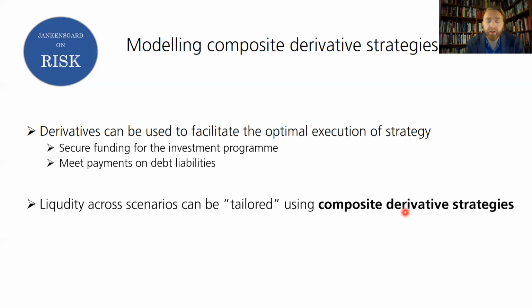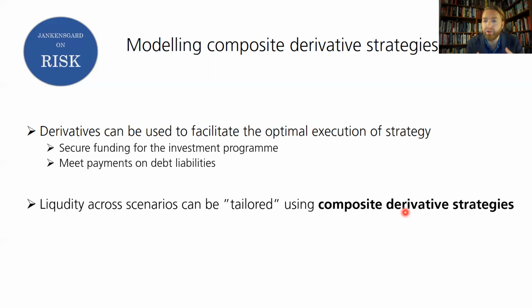So this strategic view calls on us to use or evaluate derivative strategies in that context. And we're talking about composite derivative strategies here, which are combinations of different generic derivative positions.